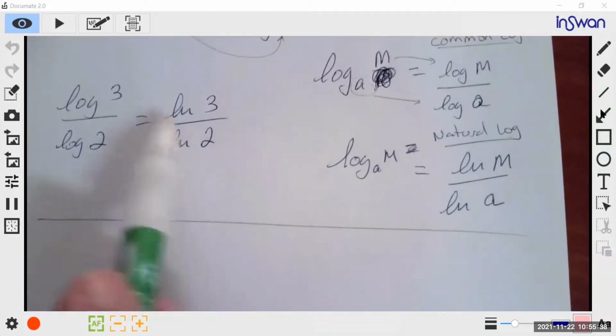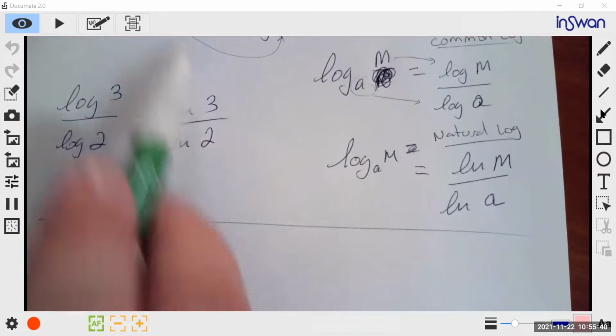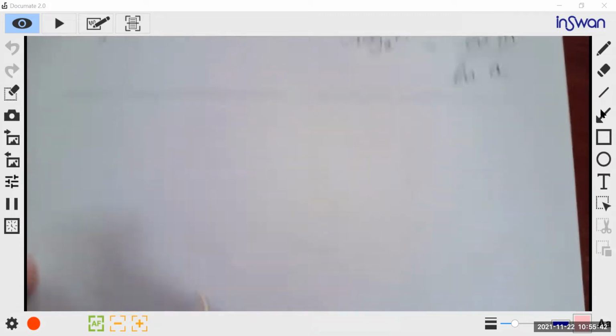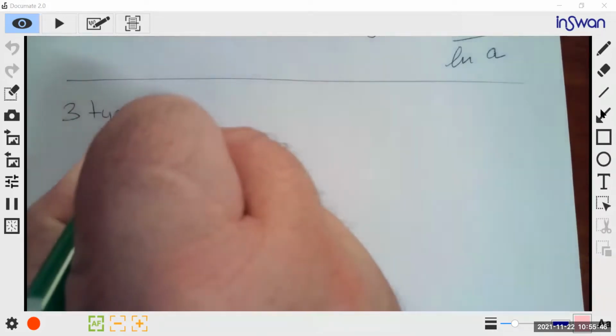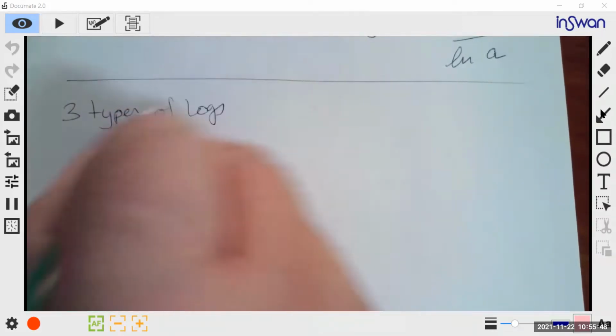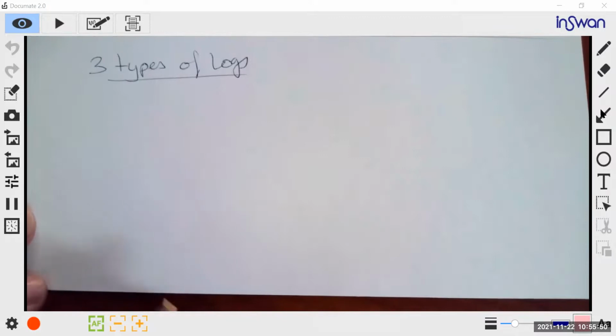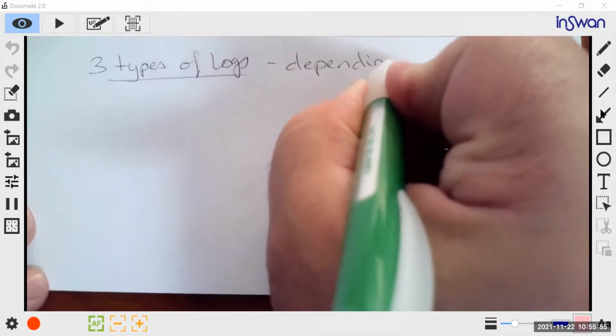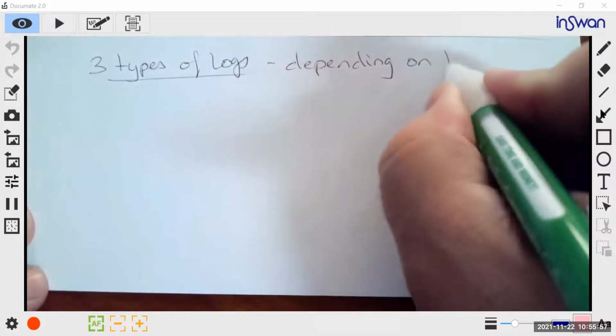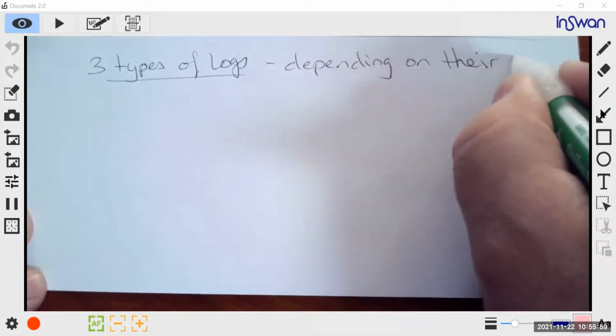I just introduced log and ln. We've been using log based on numbers. There are 3 types of logs, depending on their base.